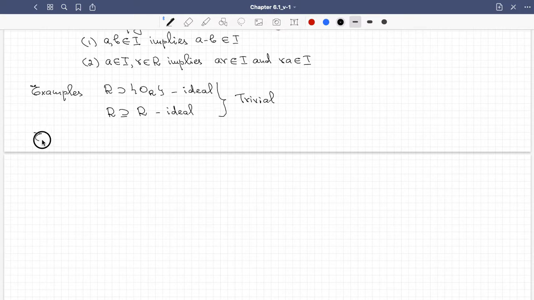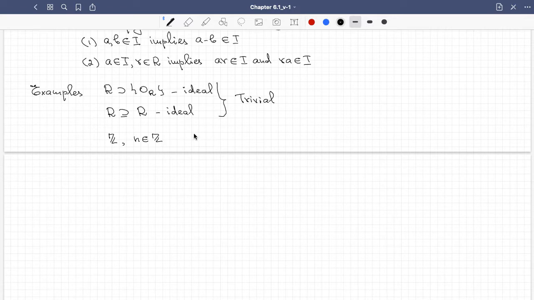Here are less trivial, non-trivial examples. So consider the ring Z, the ring of integers, and let n be an integer, any integer.